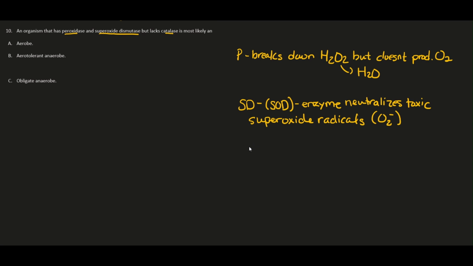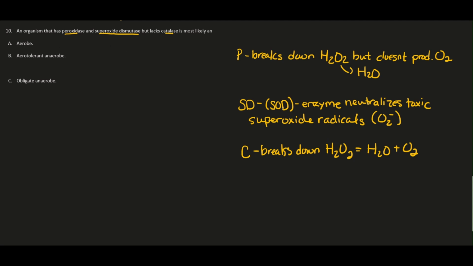And then we have catalase. I'll just put C. And catalase breaks down hydrogen peroxide and produces water and oxygen. So we know what these enzymes do.